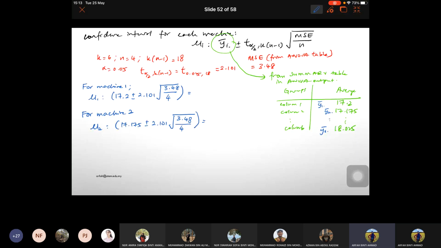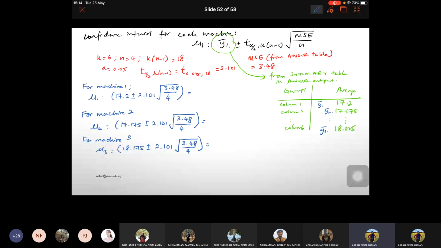So kira for machine 2. For machine 3, mu 3 dia akan ada 18.175 plus minus 2.101 square root 3.48 dibahagi 4. So dapat berapa? Calculate for that one up until mean yang ke-6.